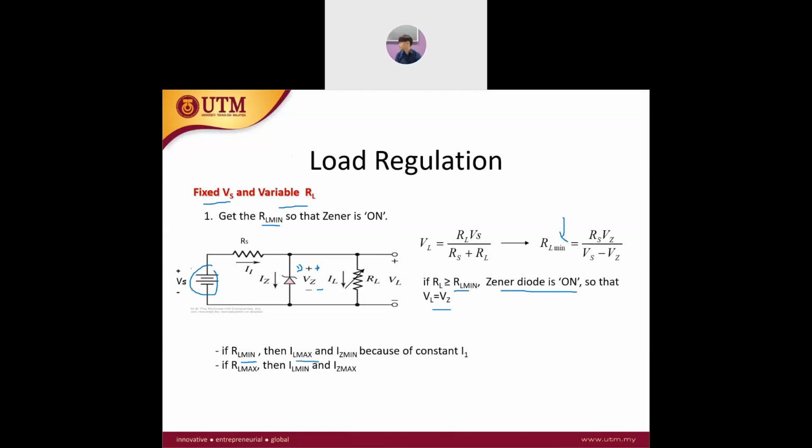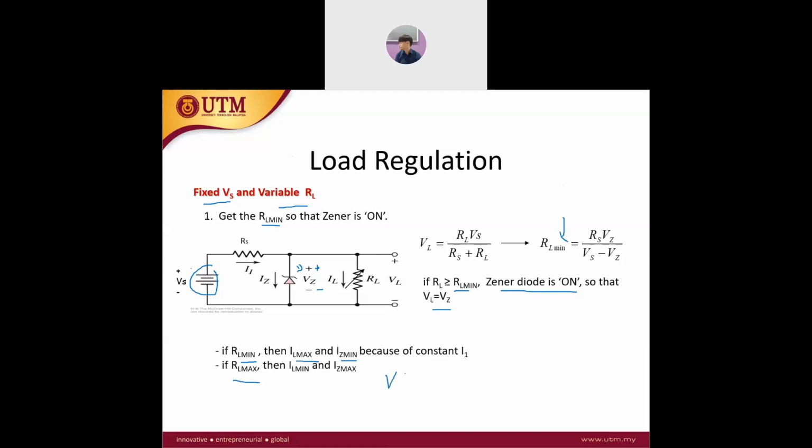This is normal, because let's say V equals IR. If V is constant, then if your R is high, the current will be low, and if R is minimum, then we have maximum current.